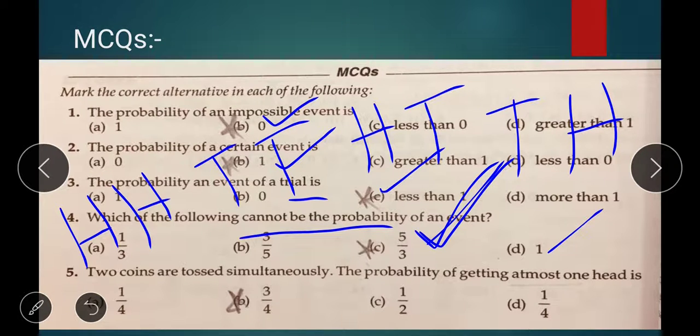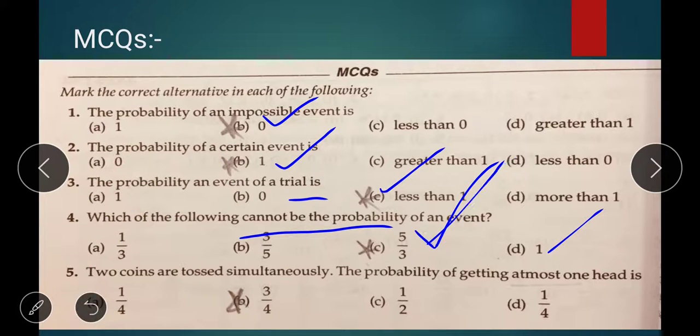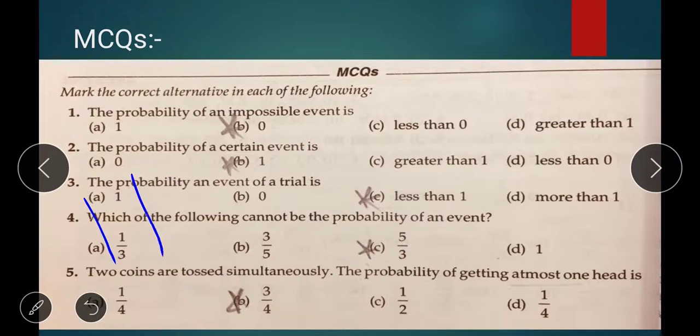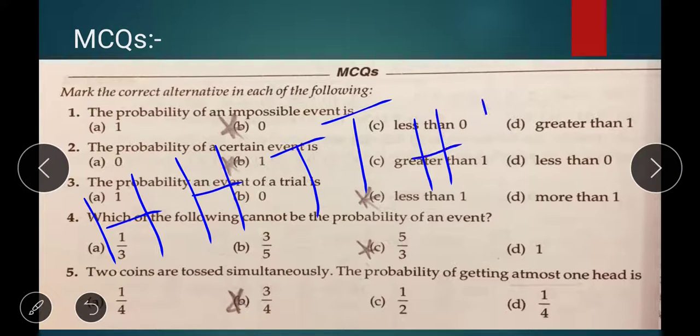Here the probability of getting at most one head means one head or no head, so there are three chances. Once again I repeat it, listen students. There are four possibilities: HH, TT, HT and TH.